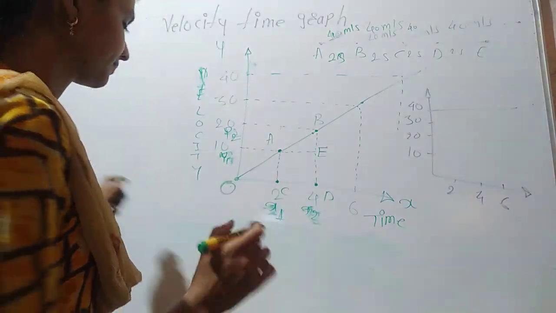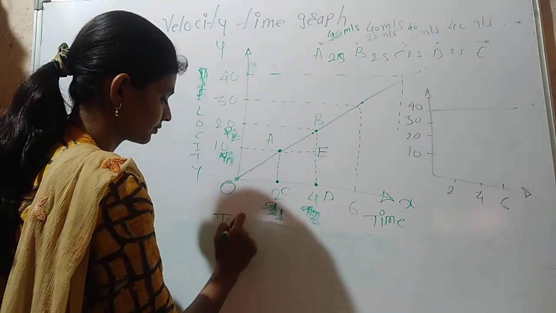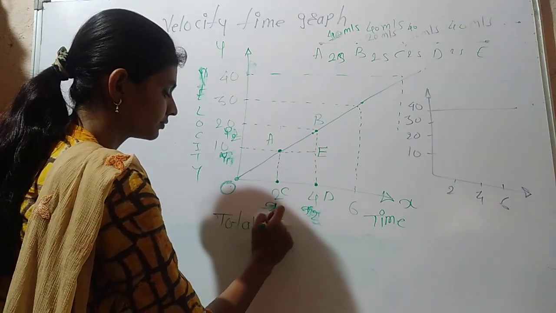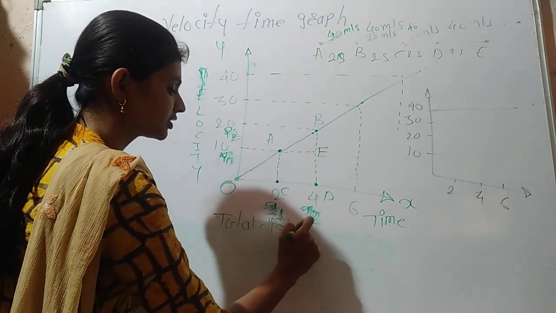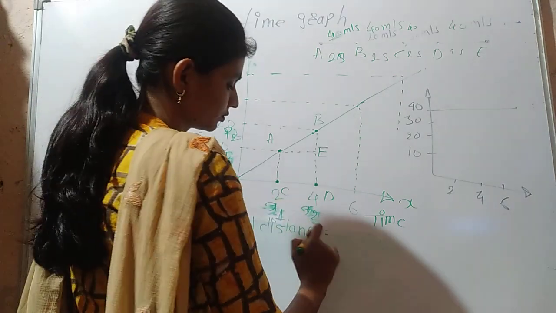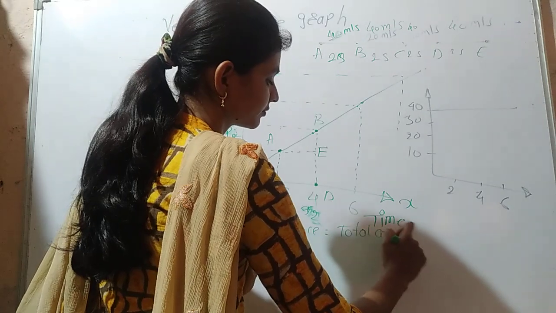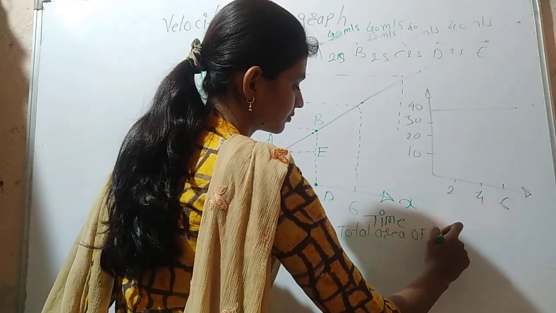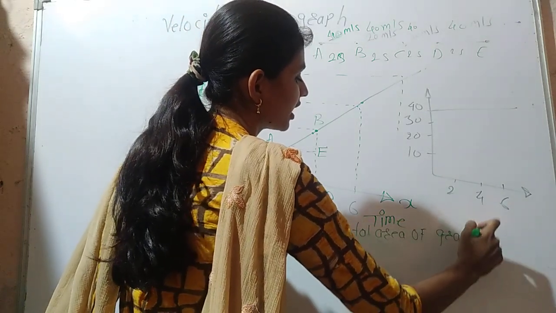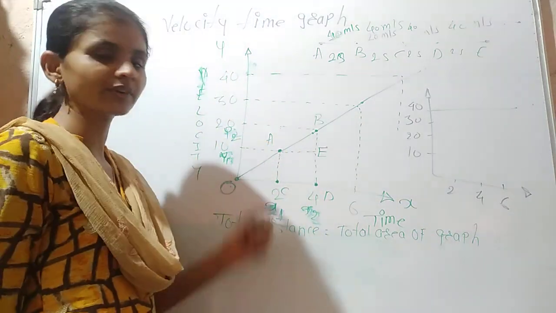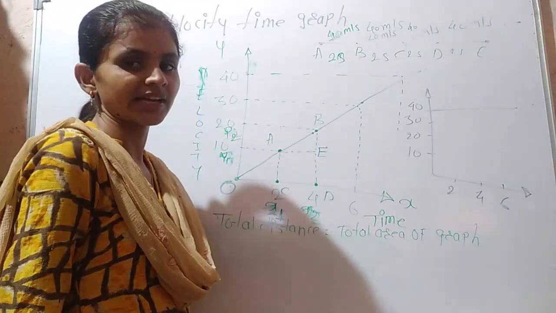So the total distance is equal to the total area of the graph. In the graph clearly you can see that one rectangle is there and one triangle is there.